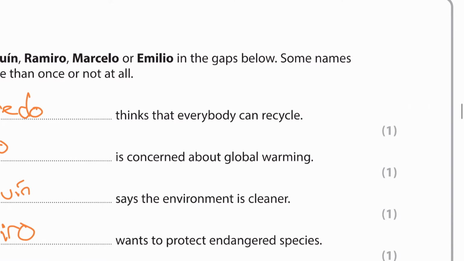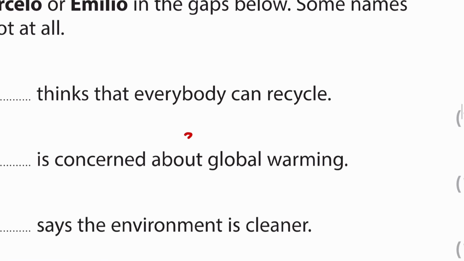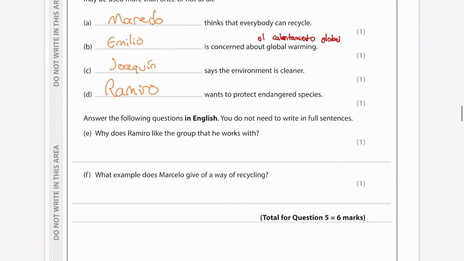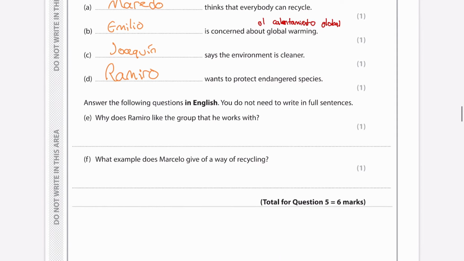The word for global warming is el calentamiento global. ¿Vale? Okay.